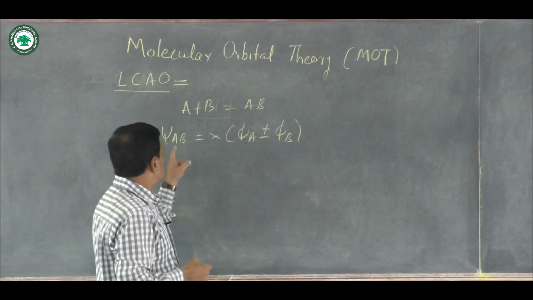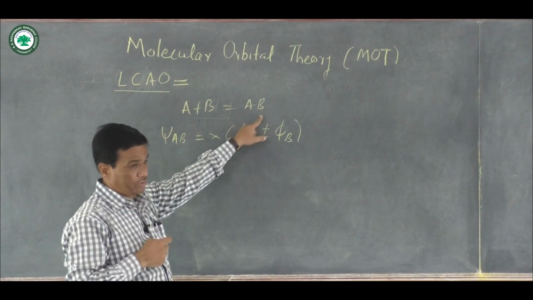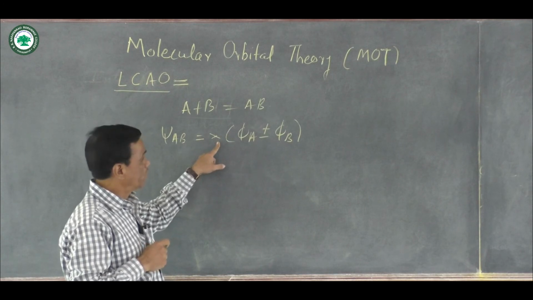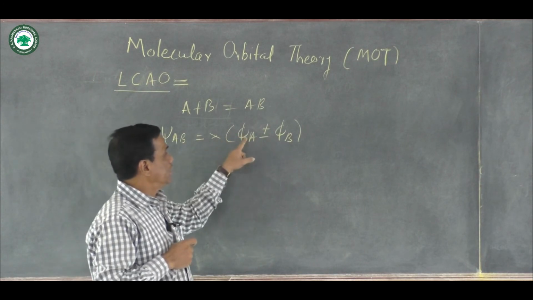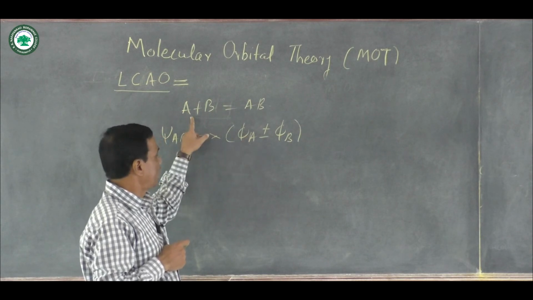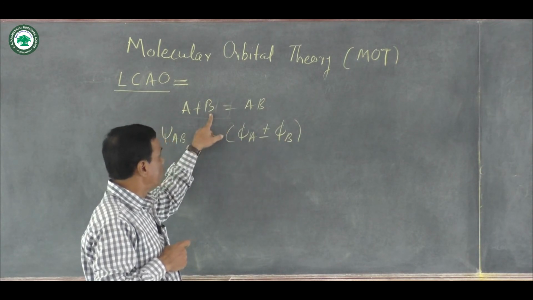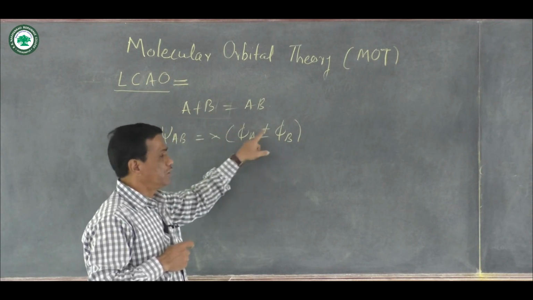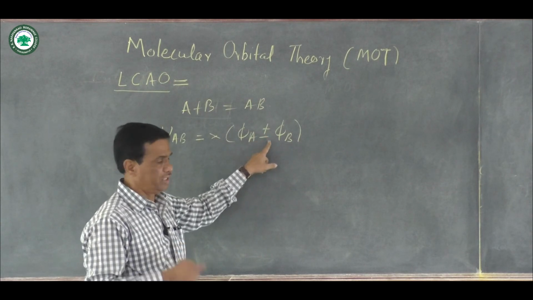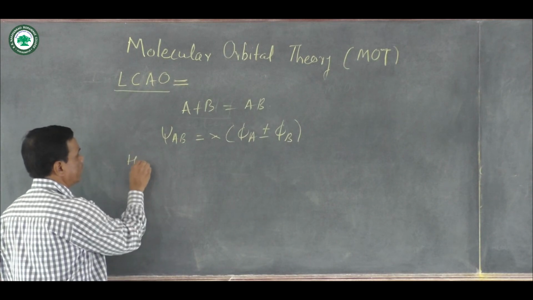Here psi AB is the wave function of AB molecule. Then lambda is one of the coefficients. Then phi A is the wave function of atomic orbital A. Then phi B is the wave function of atomic orbital B, and there is addition and subtraction, that is plus minus. Suppose a homonuclear diatomic molecule is formed.